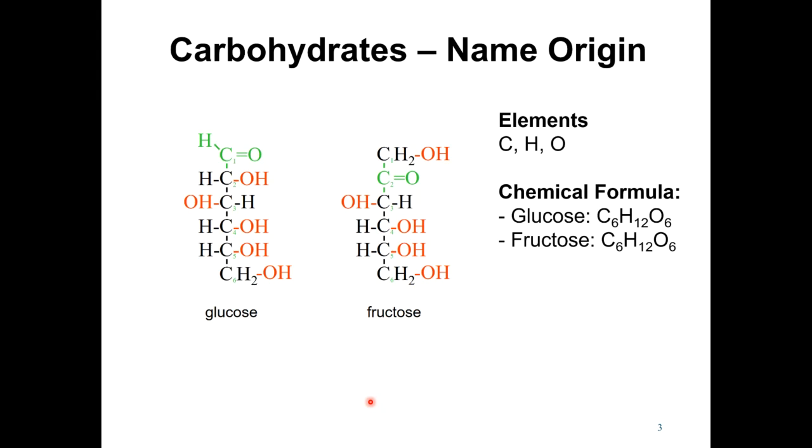What they noticed is that the formulas of all the monosaccharides they were studying could be written in the same way: CnH2n, so the hydrogen will always be double the number of carbons, and the oxygen would have the same number as carbon in all of them. Do the same thing with ribose, galactose, and you get the same thing.